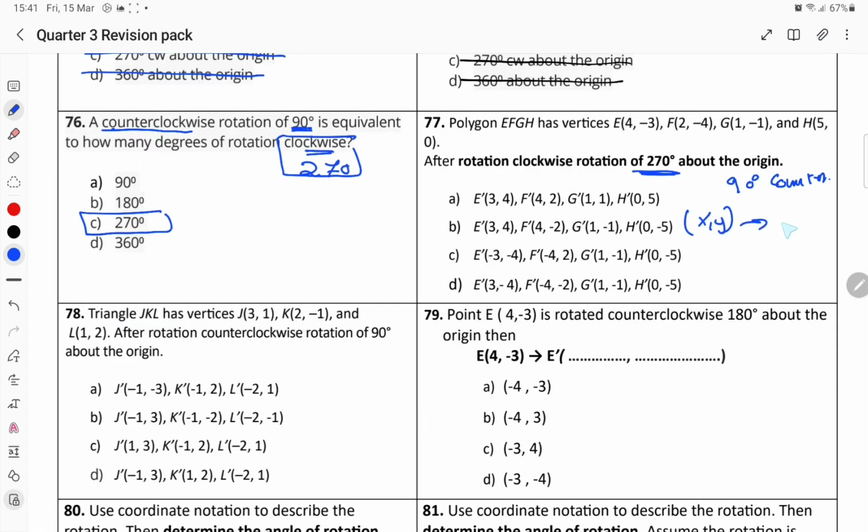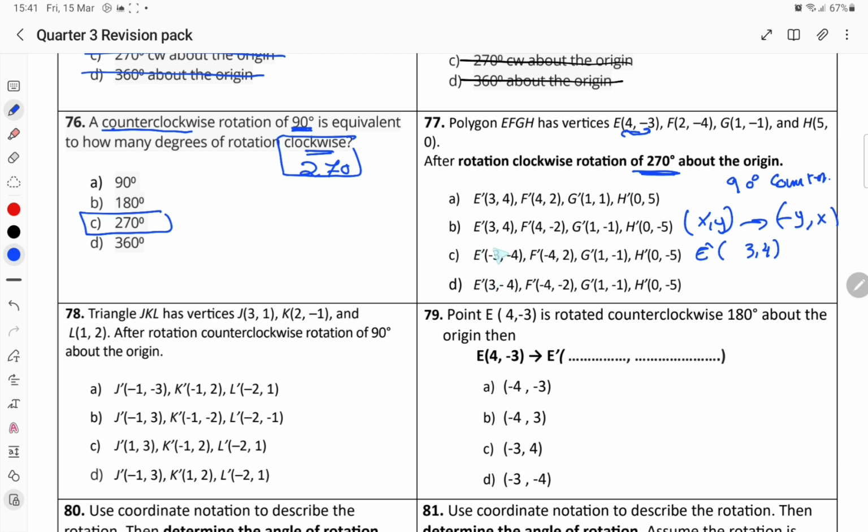(x, y) becomes (negative y, x). This is the counter. So we need to switch the points and change the sign of the first. So E prime becomes negative 3 and 4. I just switched. Change the sign of the first, so it becomes 3 and 4.